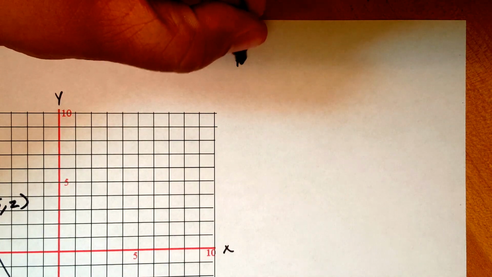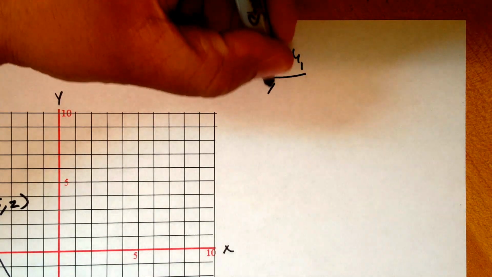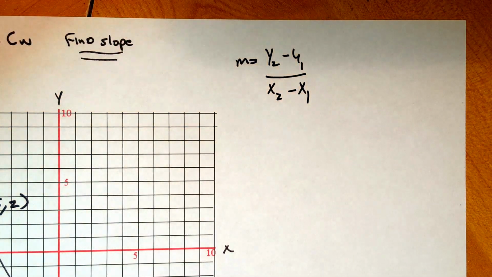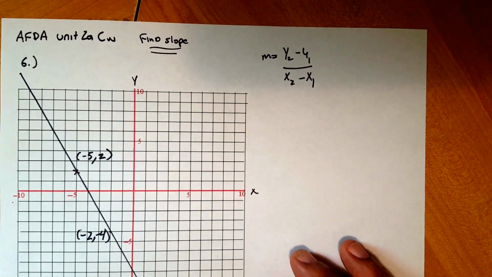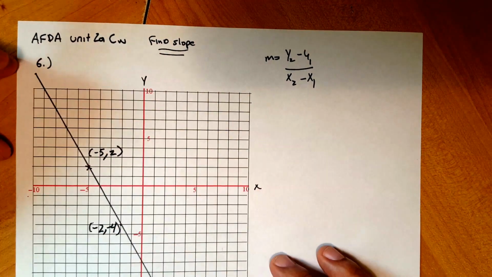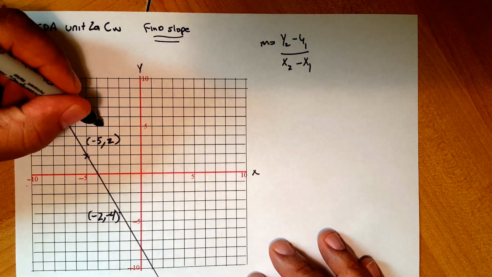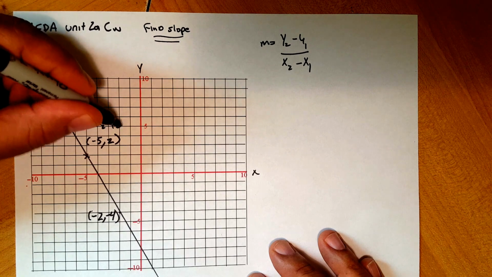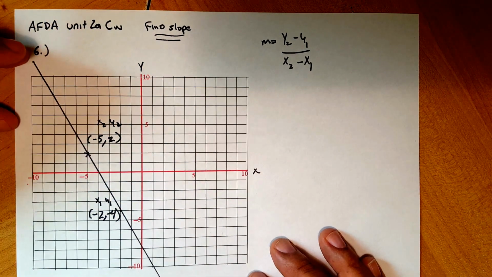So our slope formula, and remember we said it doesn't really matter which point we choose as x1 and which point we choose as x2. So I'm going to make this my x2, y2, and I'll make this my x1, y1. But again, it doesn't really matter.